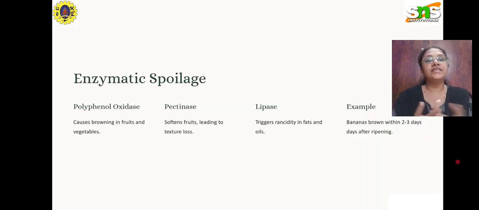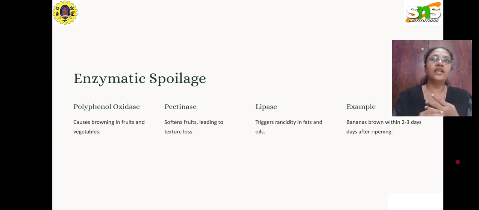Next, we have seen it may be spoiled due to some enzymes present in the food. There are a lot of enzymes that react with the food, and based on the different types of food, different enzymes are present. For example, bananas contain an enzyme.